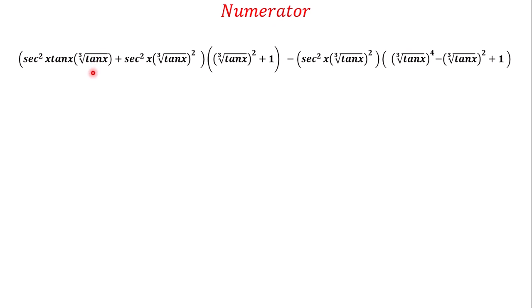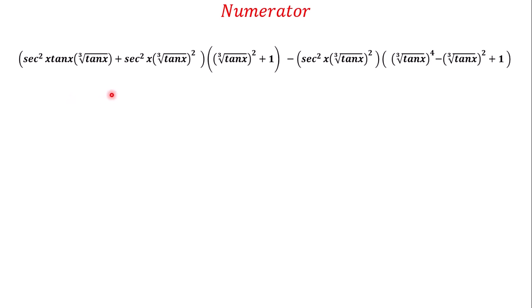So secant x squared times tangent x squared times cube root of tangent x times cube root of tangent x to the power 2 is equal to secant x squared times tangent x squared. Why? Because this times this will make the power 3, and that 3 will take away the cube root sign, and this tangent multiplied by this tangent will be 2. Okay, good.